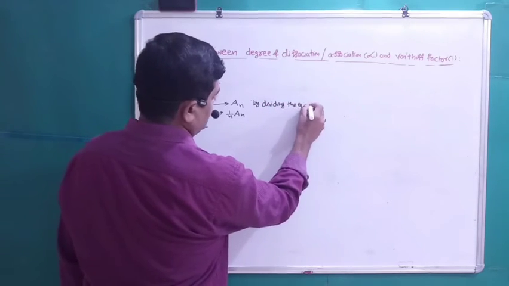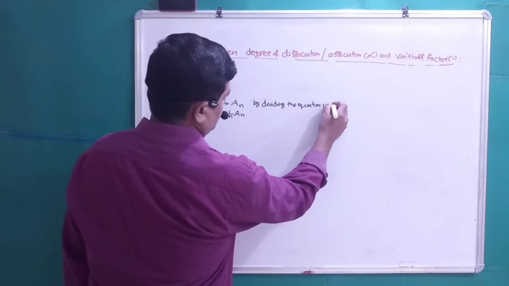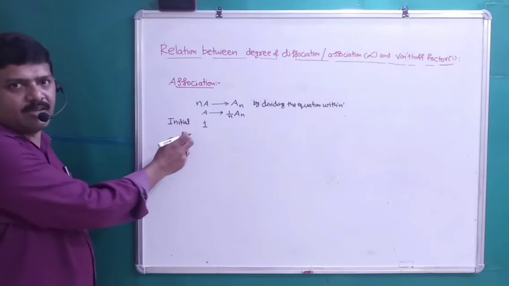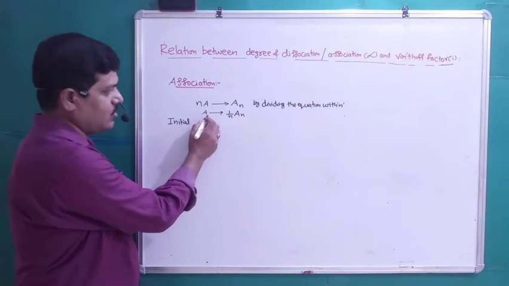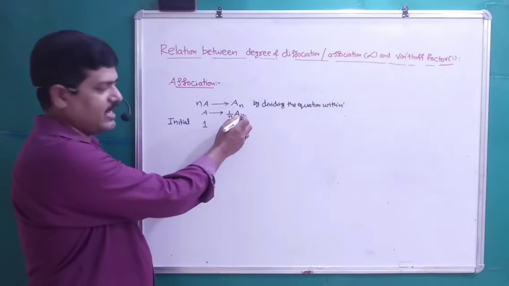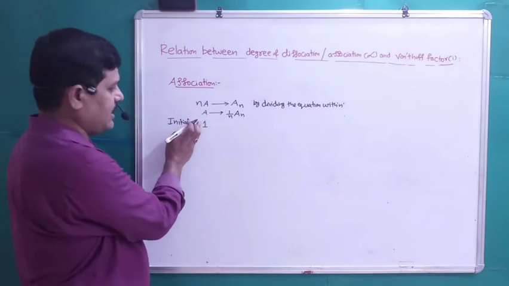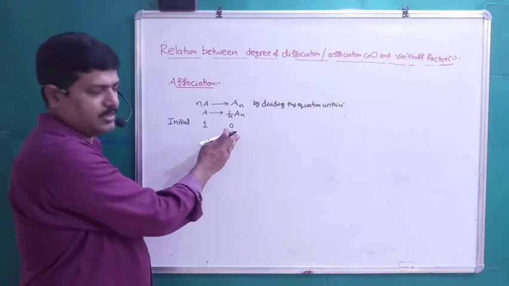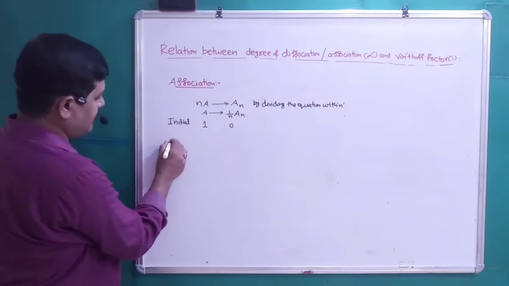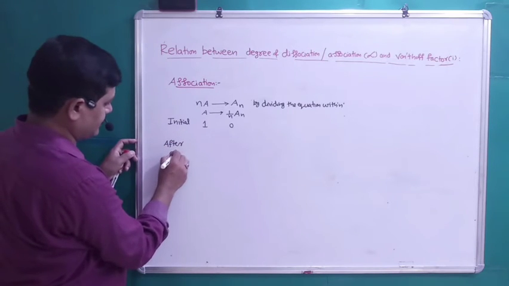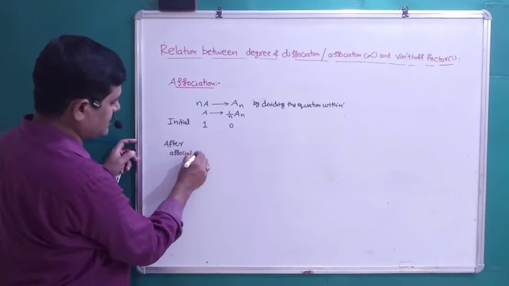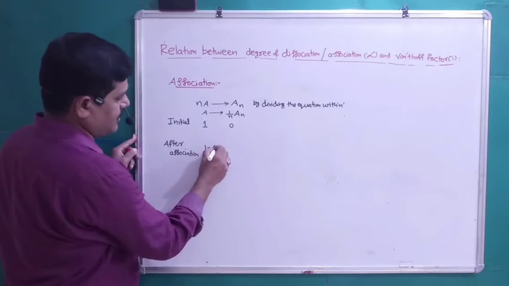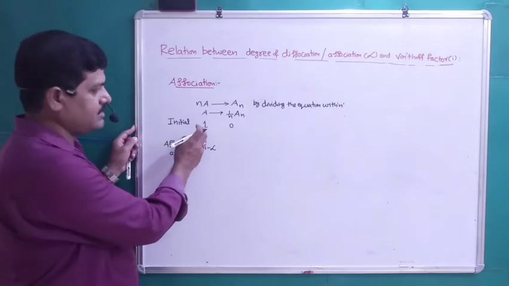By dividing the equation with n, the second equation can be obtained, that is A gives rise to 1 by n into A_n. Initial moles of A is 1, initial moles of A_n is 0. After association, 1 minus alpha, because alpha moles of A is associated.